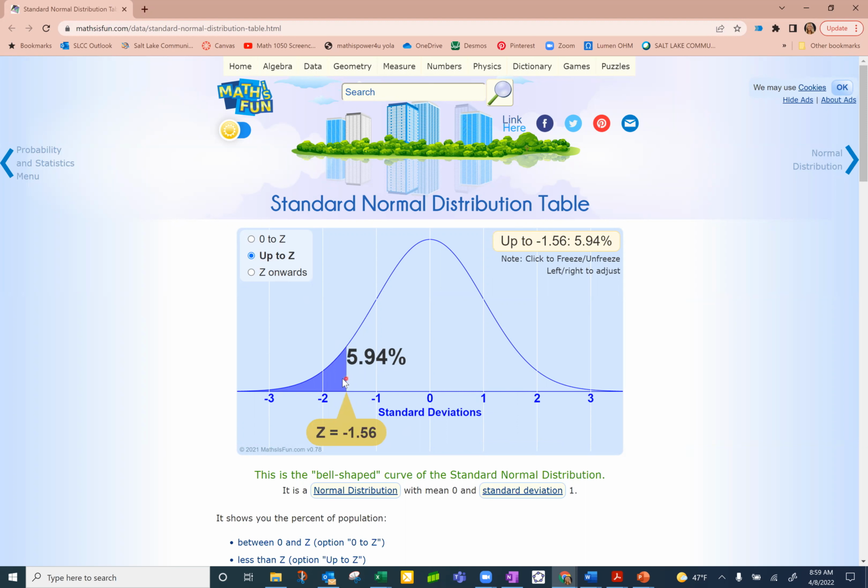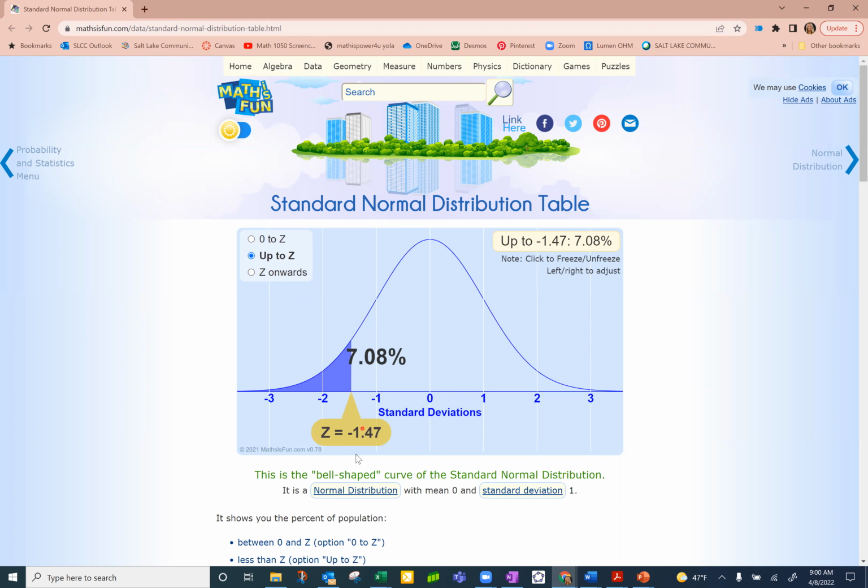I'm going to scroll this until I get to about 7%, which is the number I'm looking for. It doesn't let me get exactly to 7%, but I can hover right below it, which has a Z-score of negative 1.48, and right above it, which has a Z-score of negative 1.47. So 7% has to be in between those two Z-scores.